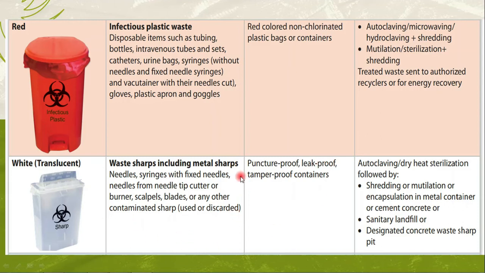This container should be puncture-proof, leak-proof, and tamper-proof, and the contents are further treated by autoclaving or dry heat sterilization, followed by shredding or mutilation or encapsulation in metal container or cement, concrete, or sanitary landfill or designated concrete waste sharp pits.